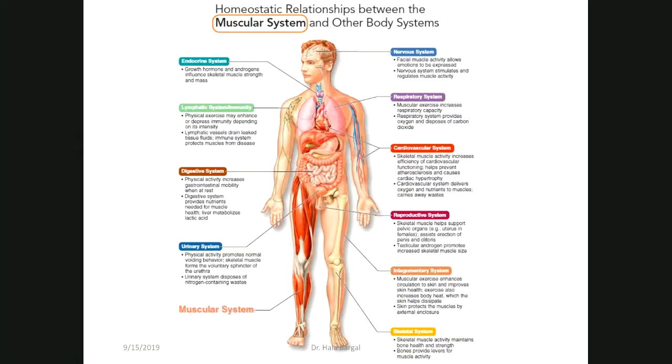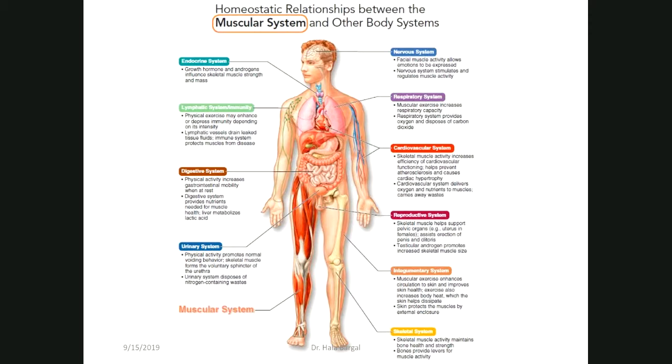Then, what is the homeostatic relation between the muscular system and the other body systems, right? First, we start with the endocrine system. Growth hormone is responsible for the development of all the muscles. The lymphatic system drains the wastes of the muscle.